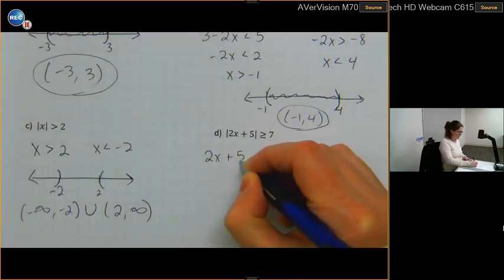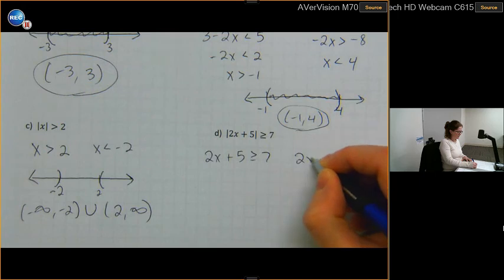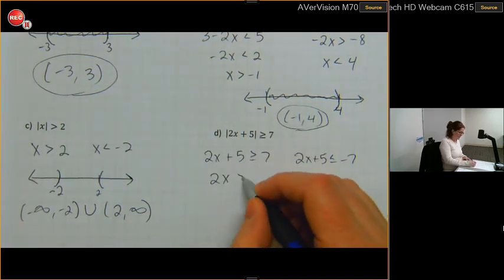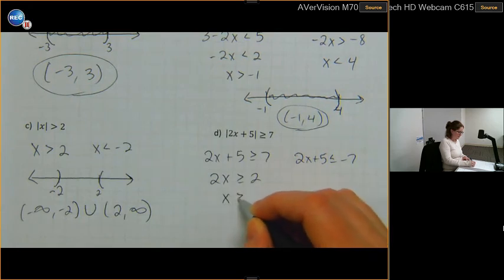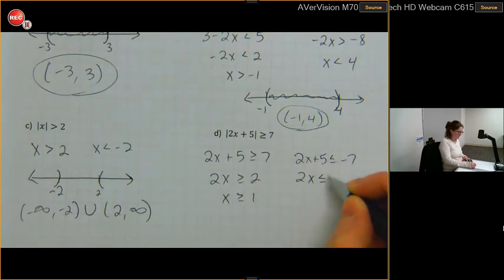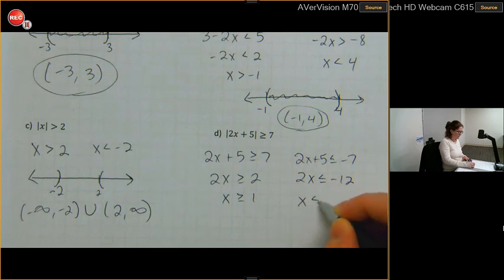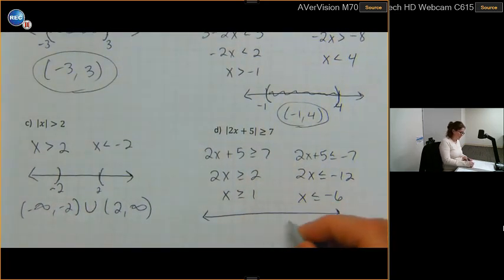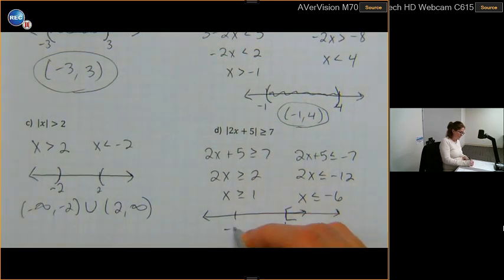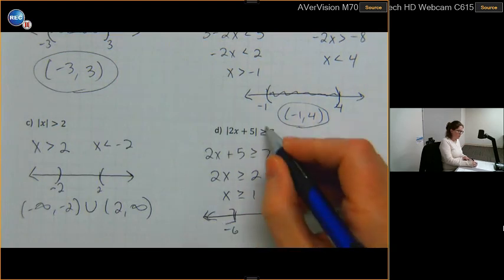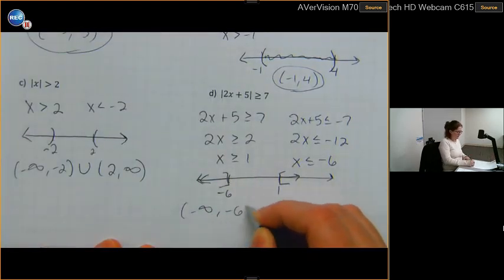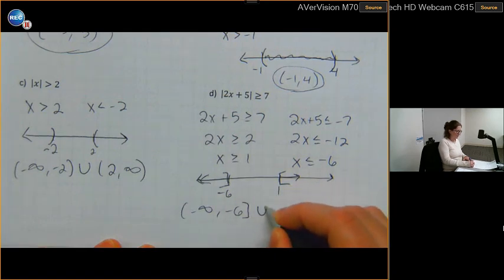Part D, solving my inequalities. Graphing on a number line, greater than or equal to 1, less than or equal to negative 6. My original problem was a greater than, so I'm expecting to have this gap in the middle. The gap in the middle, I put a union sign.